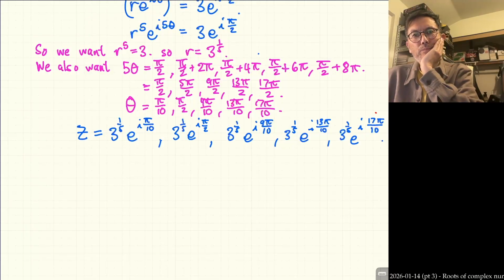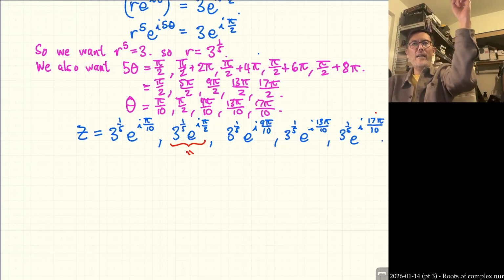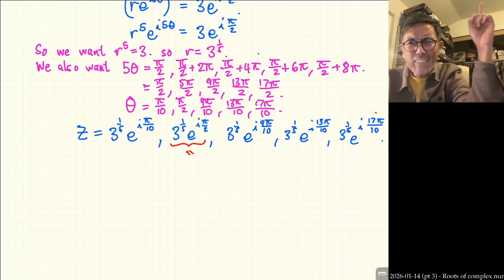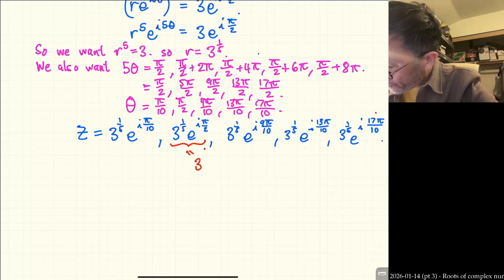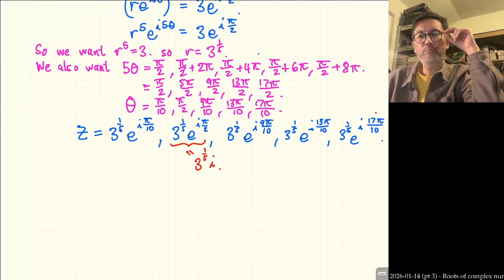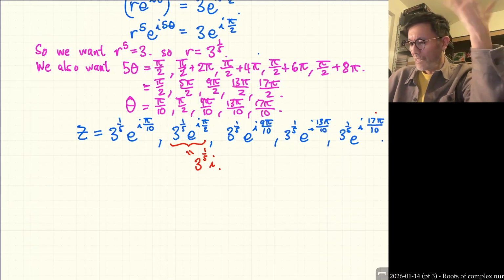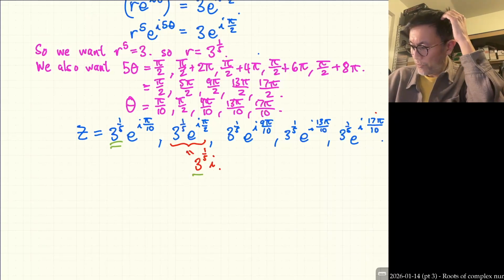Okay, now I want to show you something here. Let's think about this number real fast. What's e to the i pi over 2? A pi over 2 past, I think that's i. So this ends up being 3 to the 1/5 times i, right? And it's hard not to notice that this number 3 to the 1/5 keeps making an appearance here.